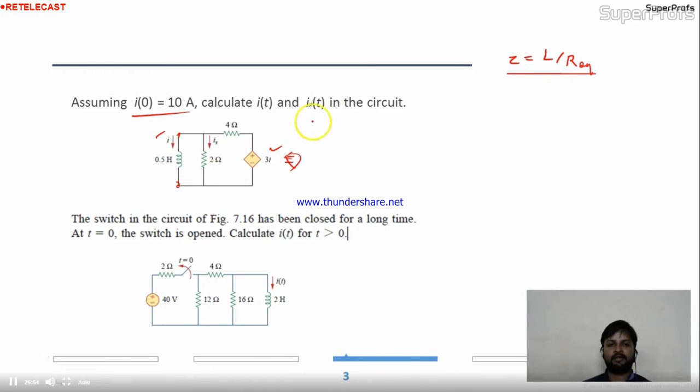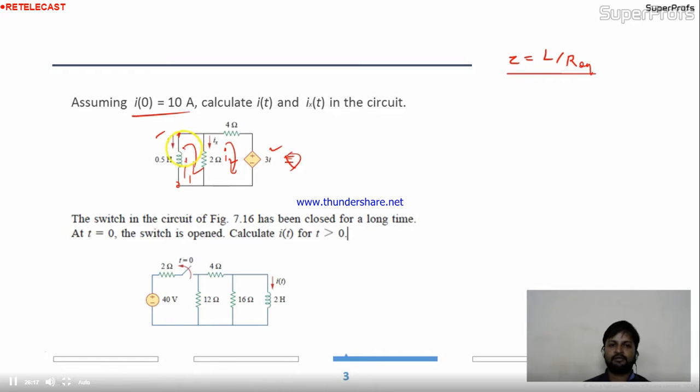Another way to solve this circuit is mesh analysis. Suppose this current is I1 and this current is I2.